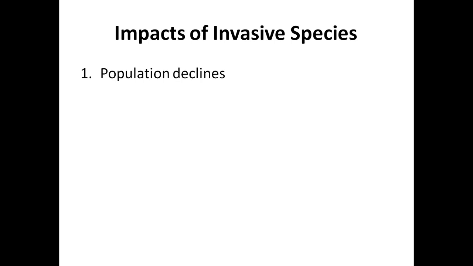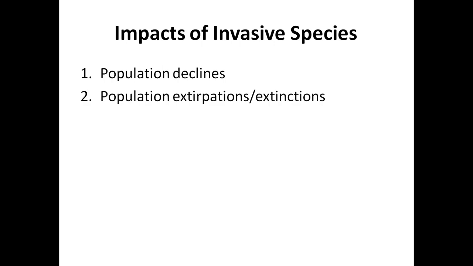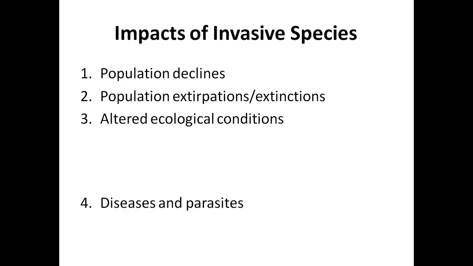So what are these impacts? Some native species can decline in their population size, and in other cases they can completely wipe out some native populations. Also in some other cases they can alter ecological conditions and completely convert native habitats into novel ecosystems.